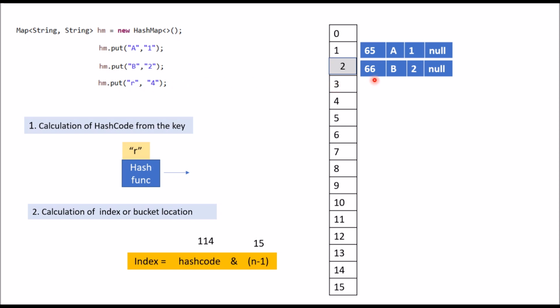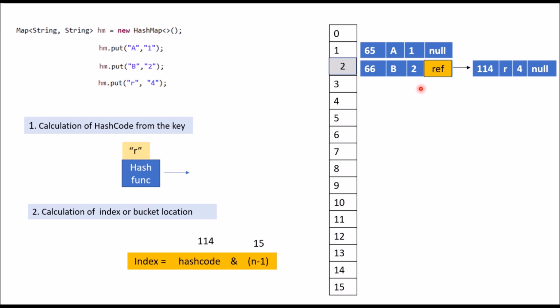Both are not matching. You can see here the hash code is 66, and the hash code of the key is 114. Both are not matching, so a new node will be created: 114, r, 4, null. Also, the reference of this node will be stored in the previous node.